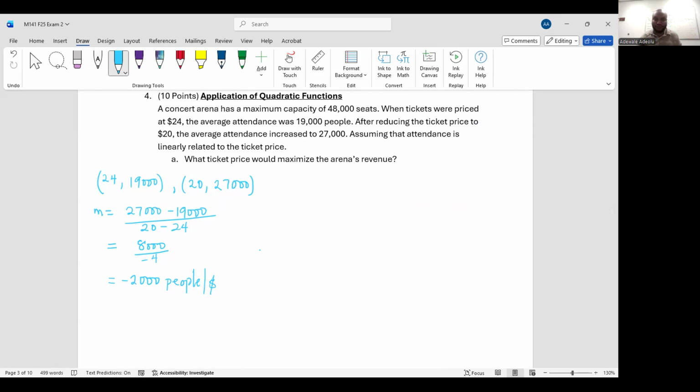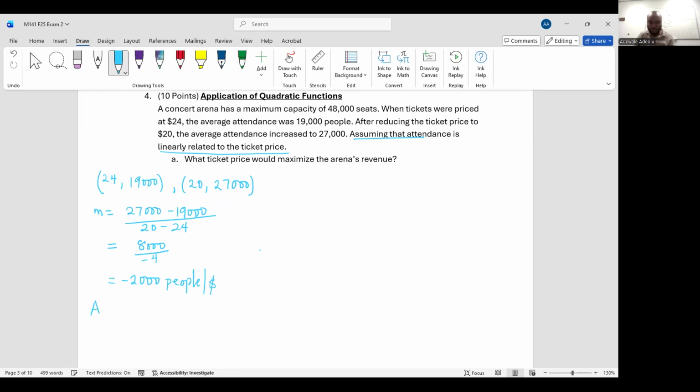Now, assuming that the attendance is linearly related to the price, like we did the other time, we know the slope.